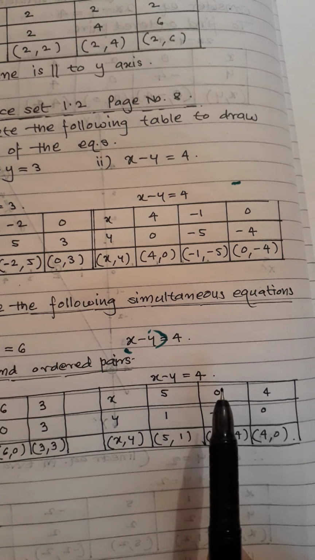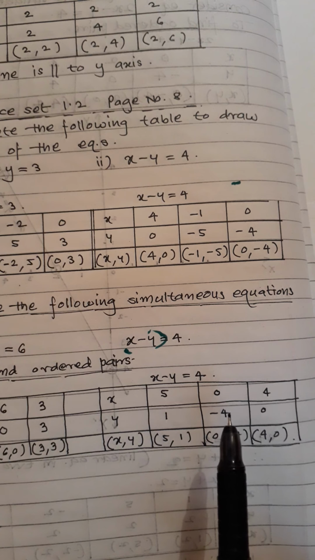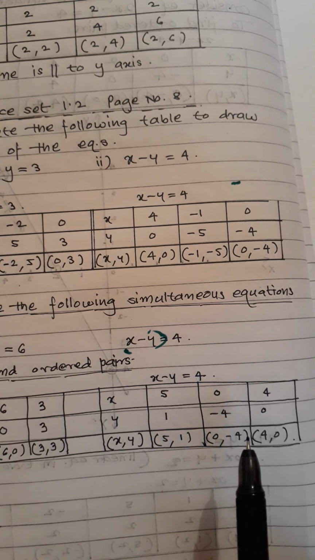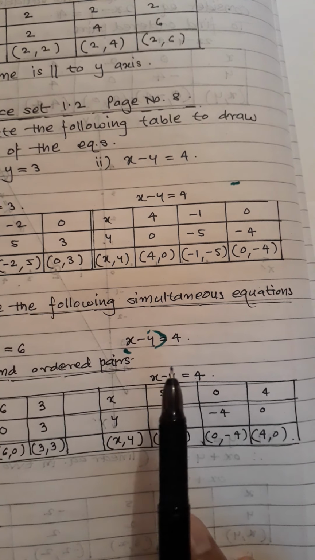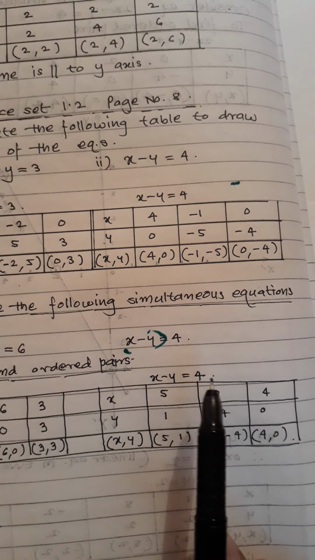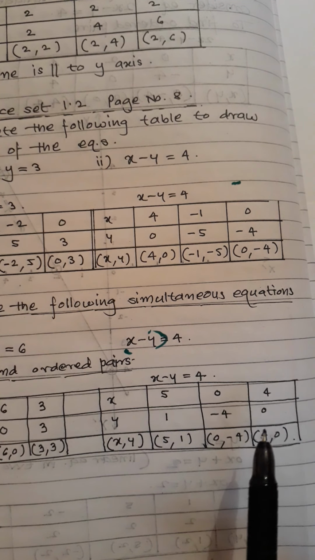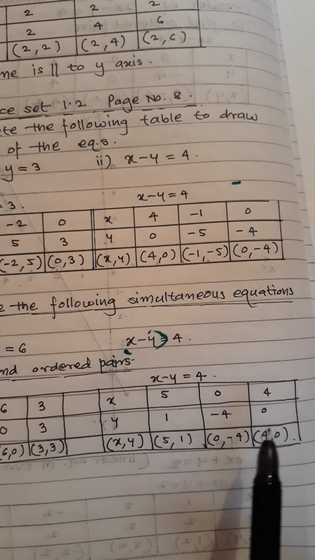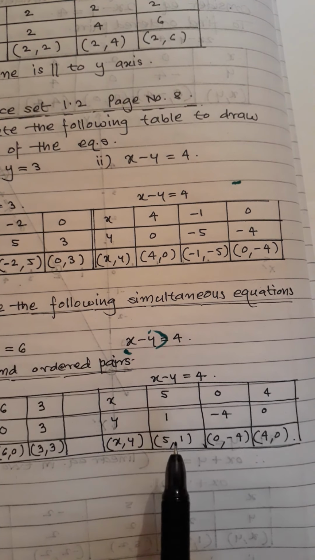Similarly here I substitute x is equal to 0, minus y is equal to 4, y is equal to minus 4, so the second ordered pair is 0, minus 4. Then I substitute y is equal to 0, then x is equal to 4, and therefore this ordered pair is 4, 0. Okay, so now you will have 3 ordered pairs. Plot these on graph paper.